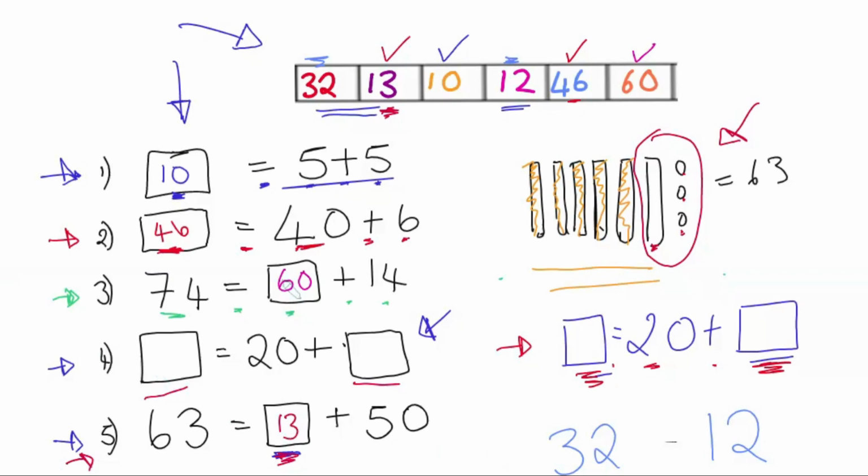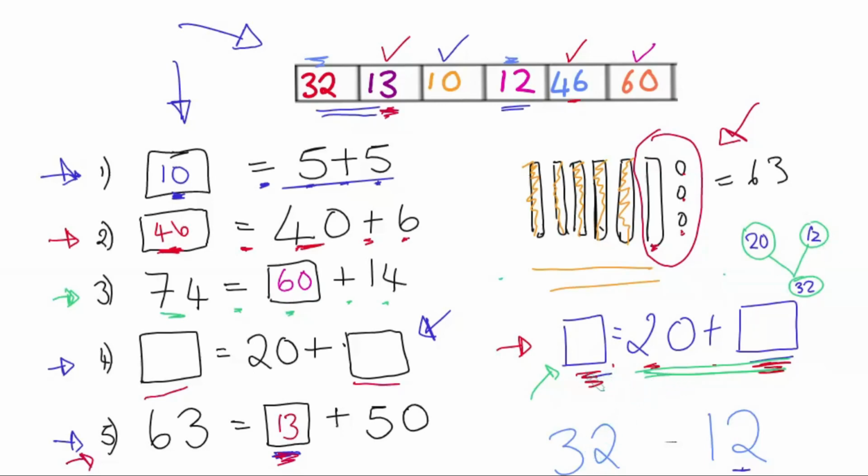If you said the largest number needs to go at the front, you are correct, because in this number sentence, the addition is at the back. Remember when we looked at part-whole models, there's two parts and a whole. The largest number goes in here, which would be 32, and then we have two parts, in this case 20 and 12.